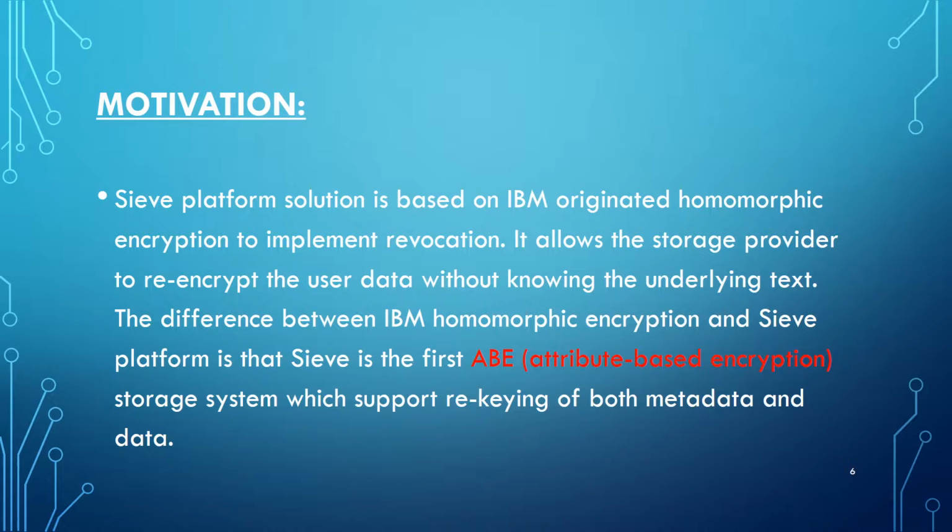In other words, the difference between IBM's homomorphic encryption and the Sieve platform is that Sieve is the first ABE, attribute-based encryption, storage system which supports rekeying of both metadata and data. So the data, all the information, the files, in other words the metadata. IBM is only homomorphic, and Sieve, besides being homomorphic, is the first one which uses ABE, attribute-based encryption.